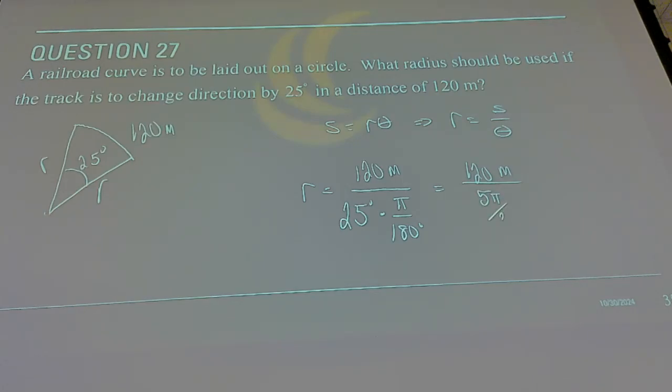Well, 120 is also divisible by 5. That is 24. So 24 times 36 should be 864. So the radius should be 864 over pi meters.